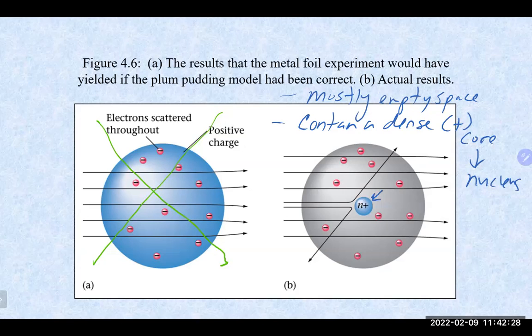So it contains this densely positive core, which is the nucleus. Inside the nucleus, as we'll talk about, is where we find protons, which are positively charged, so that makes sense. By the way, later on in the years, it was also found that neutrons are there as well.